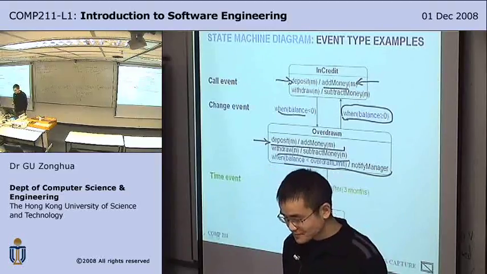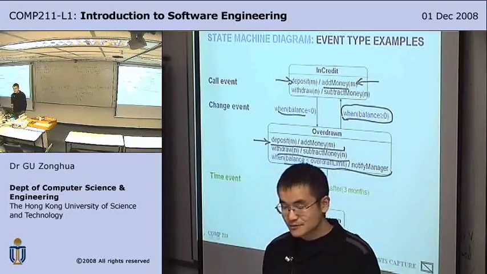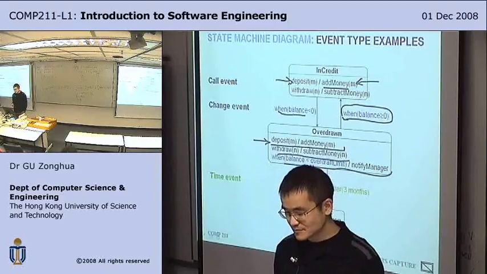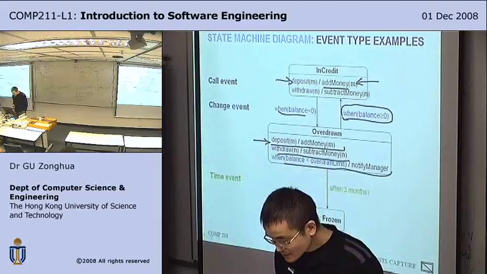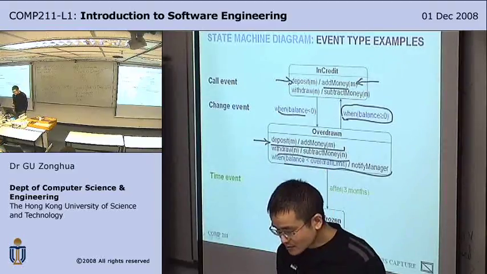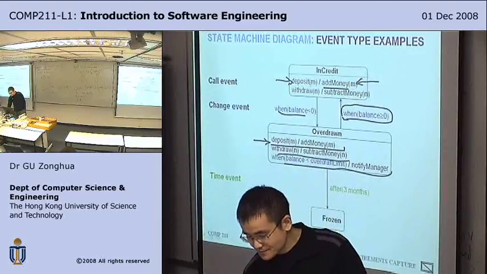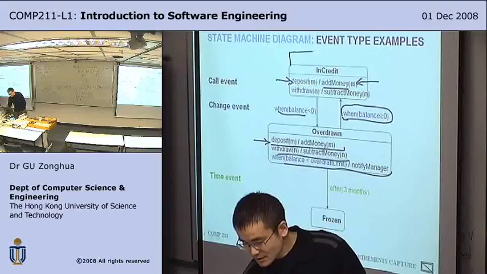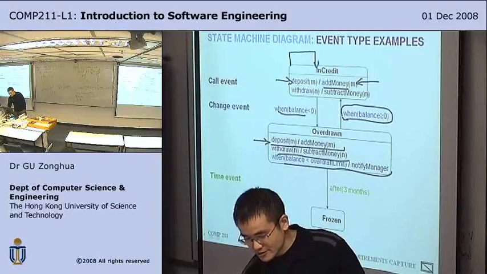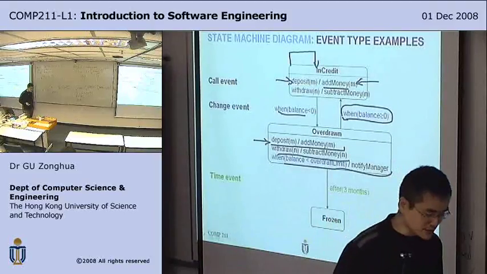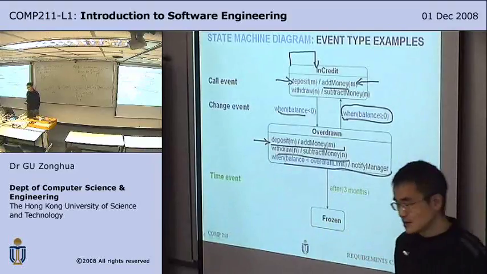You mean that add money can also be written as a self-cycle, because it's a transition back to itself. Yes, there's a subtle difference between these two.